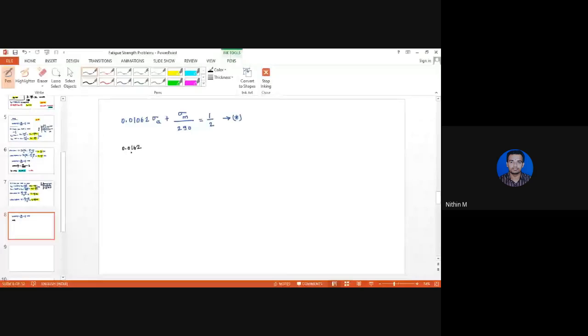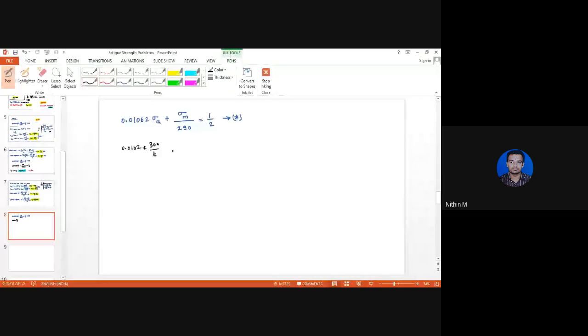Upon substituting all the values in equation star, what is the equation that you have? 0.0162 into (sigma A is 300 by T plus sigma M is 100 by T) multiplied by 290, this is equal to 1 by 2. Can someone solve and tell me the value of T? What is T?